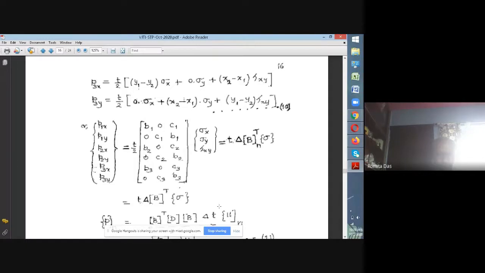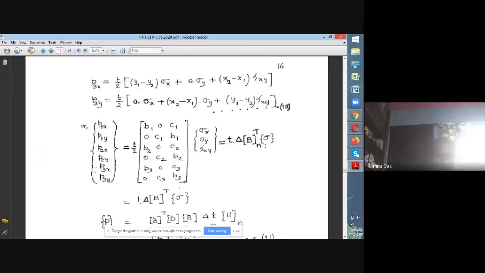It is T by 2 into this matrix, which has 6 rows and 3 columns, multiplied by sigma x, sigma y, and tau xy. So finally, the nodal loads at the 3 nodes, which are indicated as P1x, P1y, P2x, P2y, P3x, P3y, is nothing but T by 2 multiplied by this matrix.